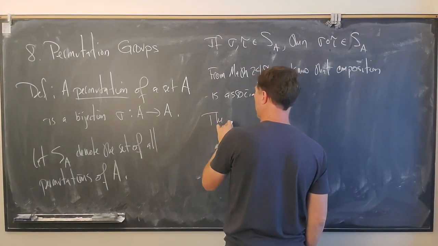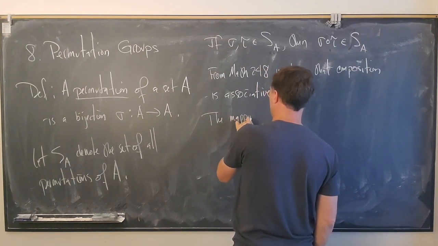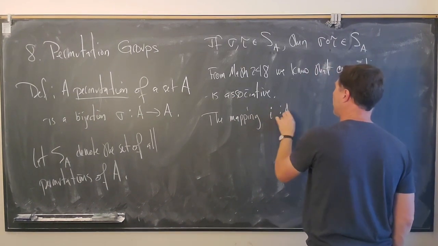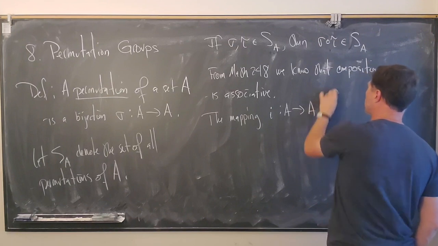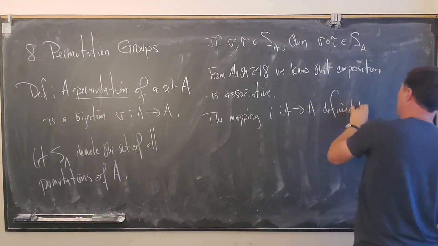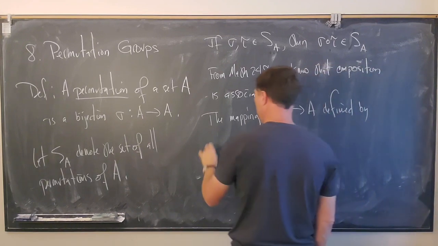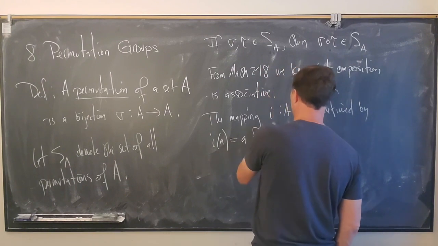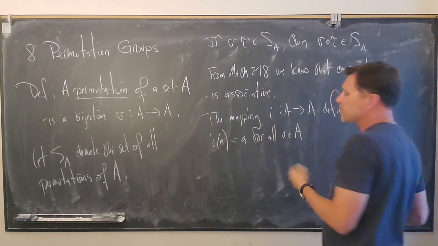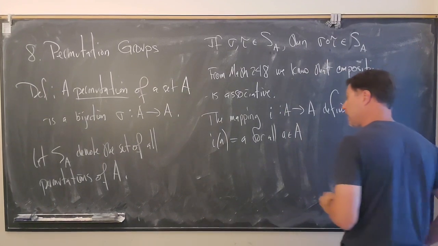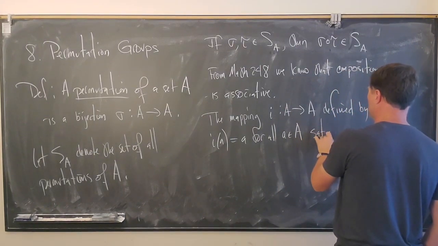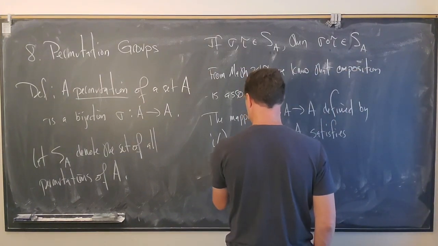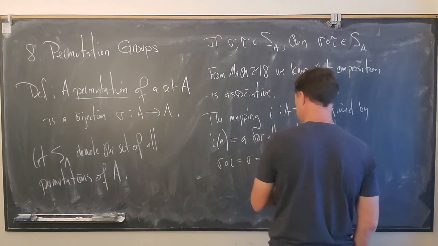The mapping, which I'll write using a lowercase i, from A to A, defined by little i of little a equals little a for all little a in capital A. This definitely satisfies the property of being an identity, so it satisfies composition: sigma of i equals sigma, which equals i of sigma.